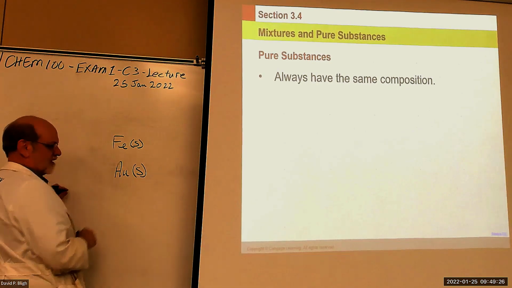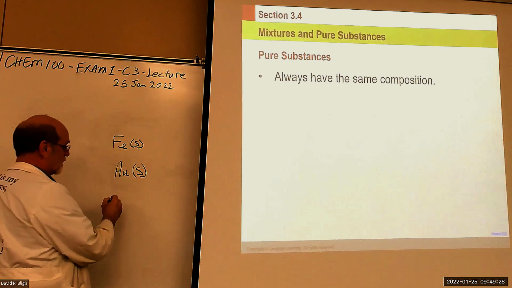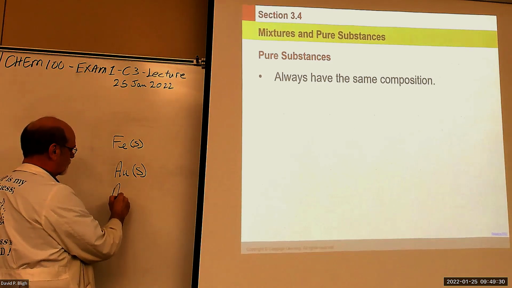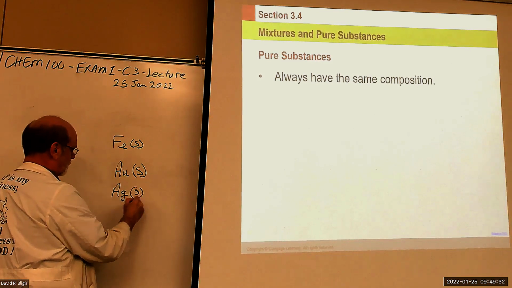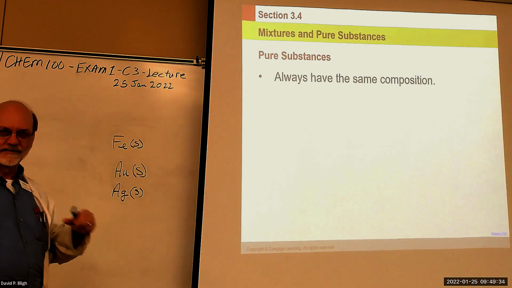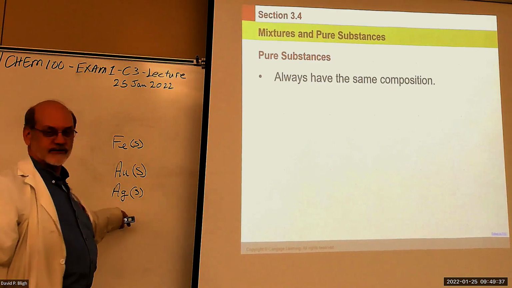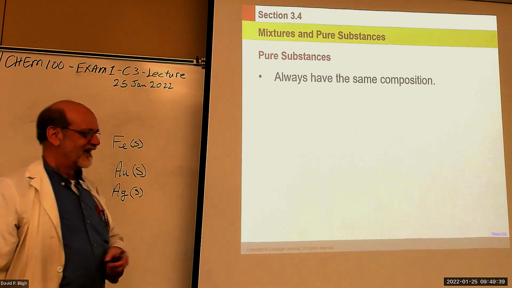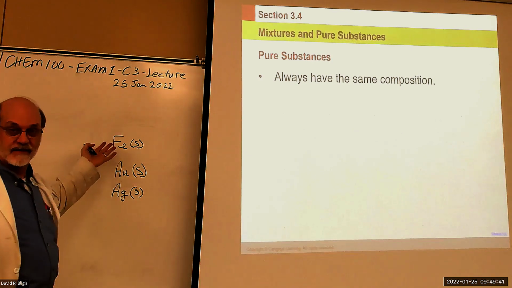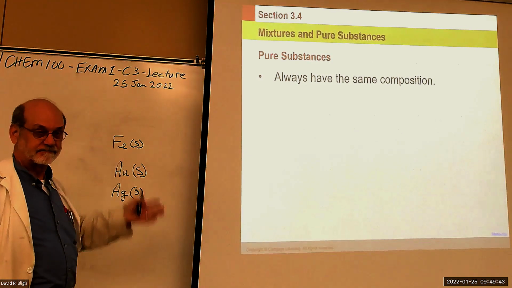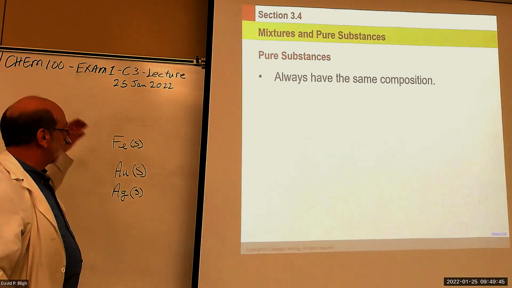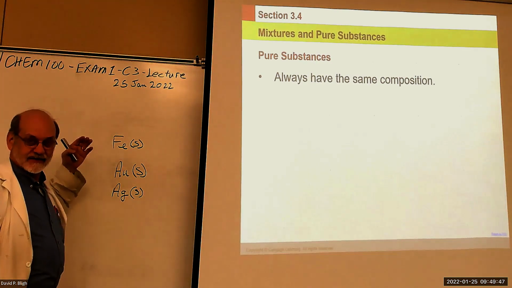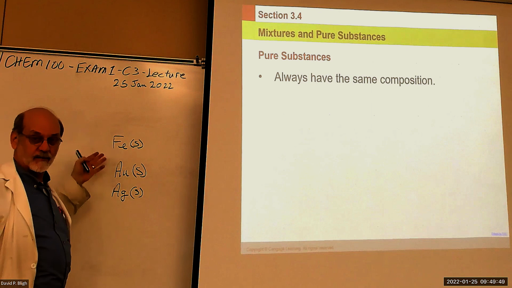Or, also I've got some of this in my stash at home too. Silver. I don't have gold. I have silver because silver's cheaper. But it's pure, right? There's nothing else in there with it. So that's a pure substance of an element.